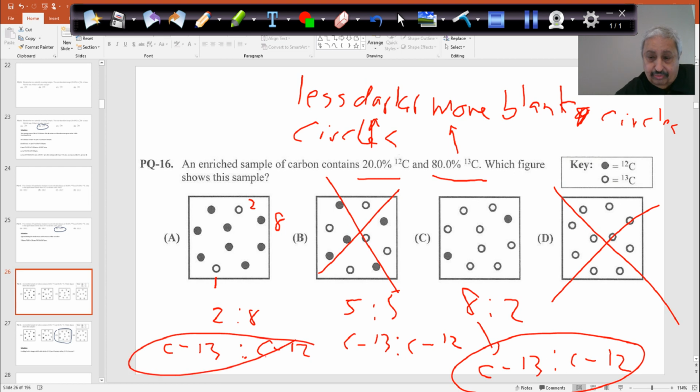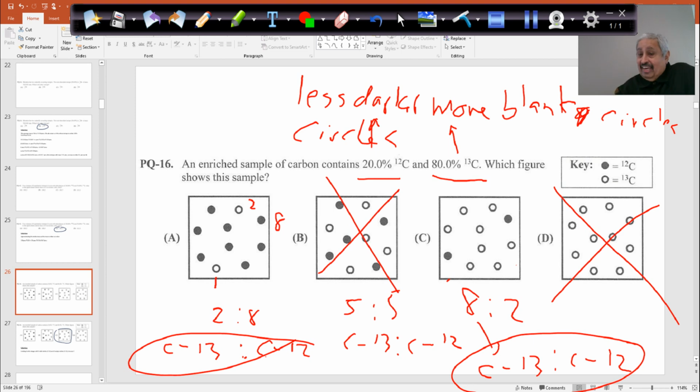This or this. Not this, sorry. This one we did not eliminate. We eliminate just this. We eliminate B and D. So which one now? You have the answer there. What's the answer now? I gave you the answer now.